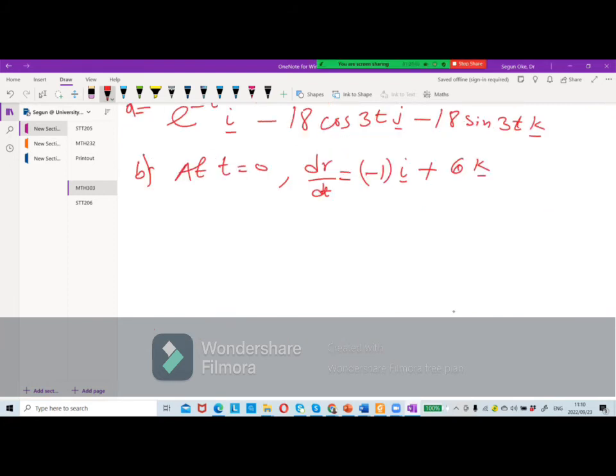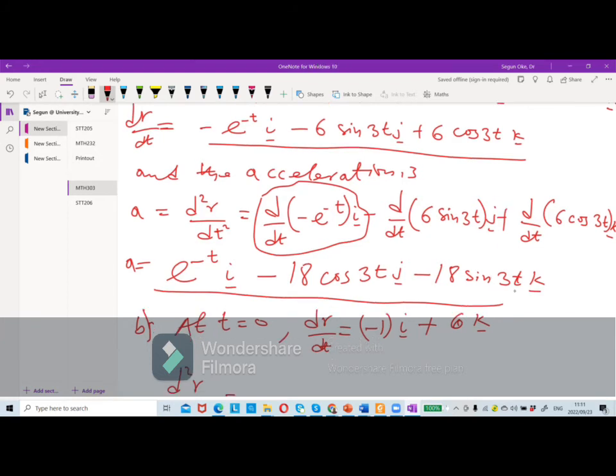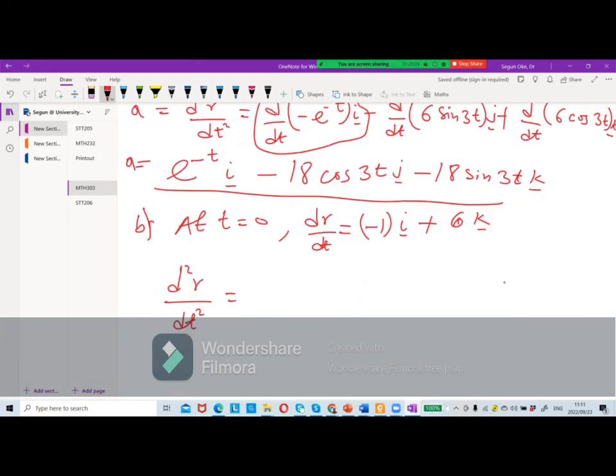Then for d squared r/dt squared, which is this one, don't forget your a is equal to d squared r/dt squared. If you substitute 0 here, you have 1 i minus 18j.